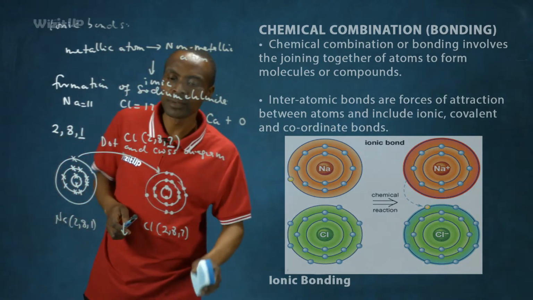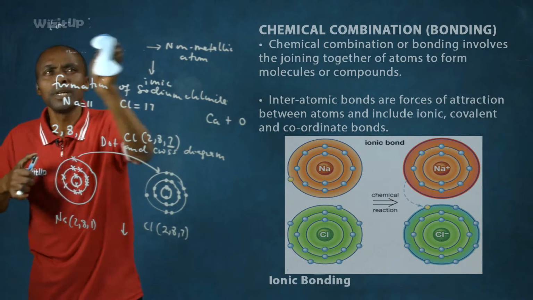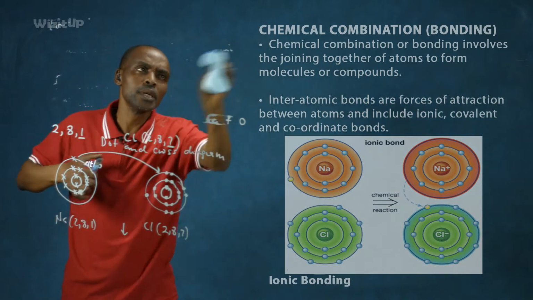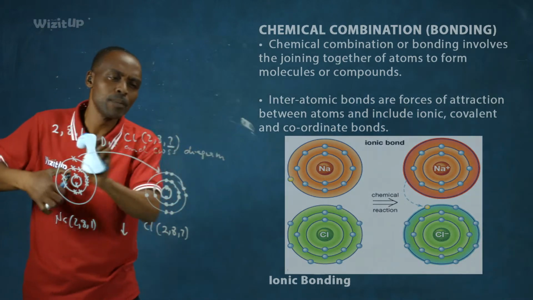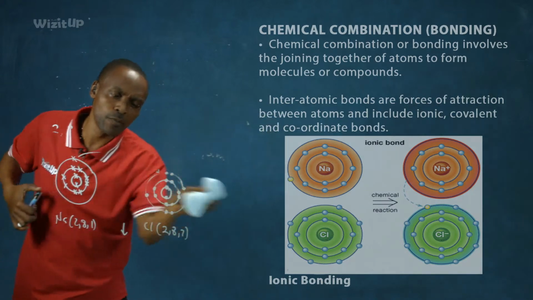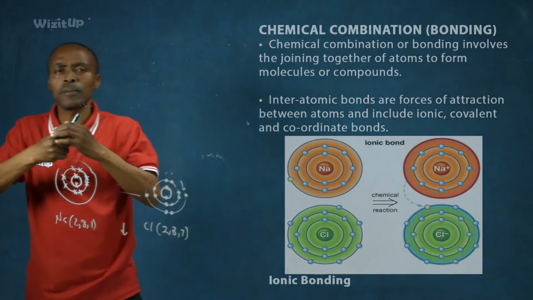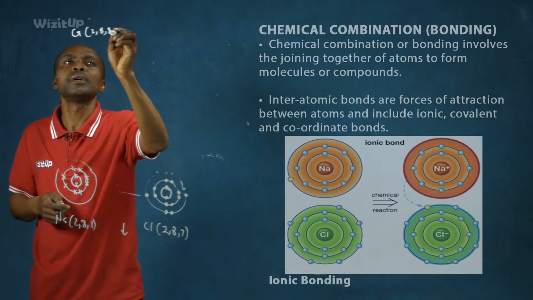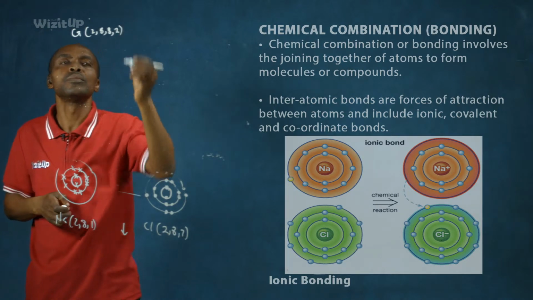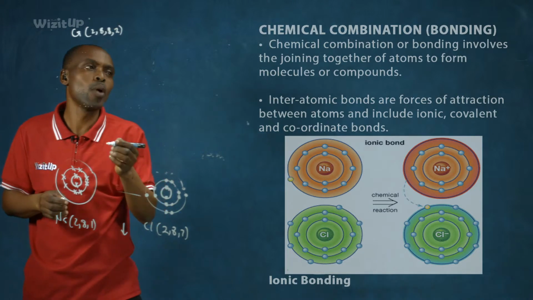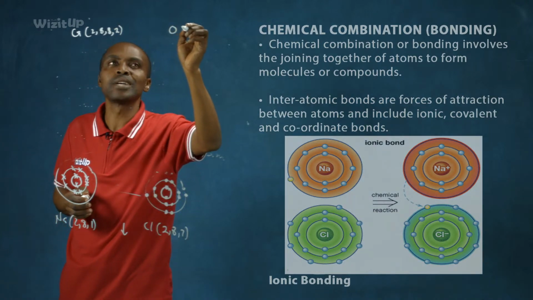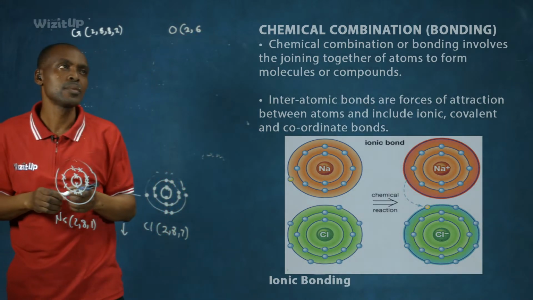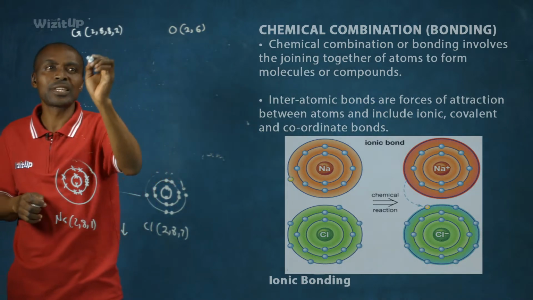In this example, the calcium atom has an electronic configuration of 2, 8, 2, with an atomic number of 20, while the oxygen atom has an electronic configuration of 2, 6.